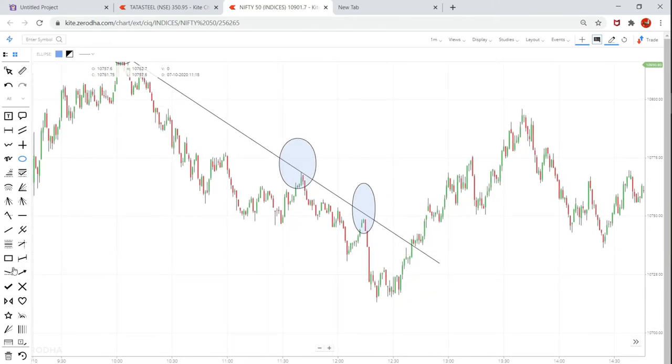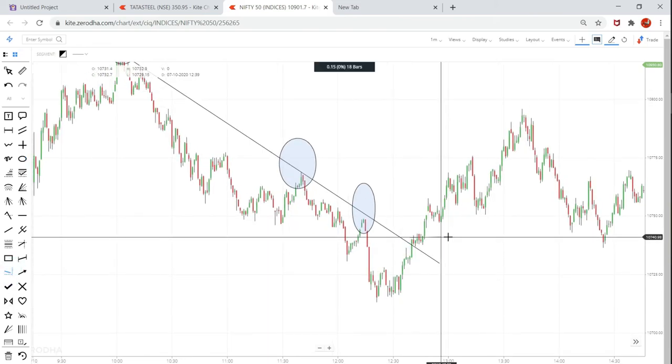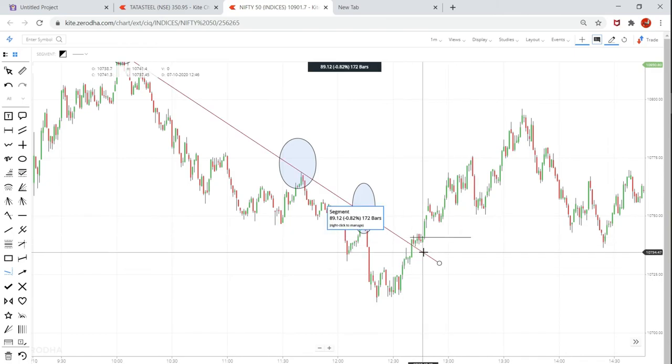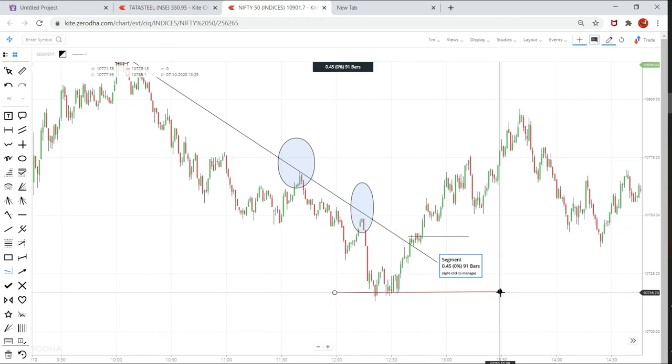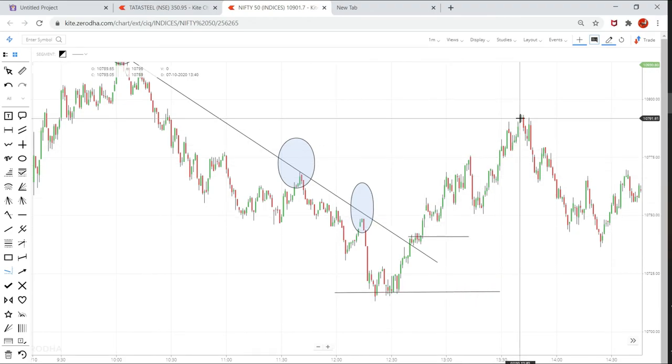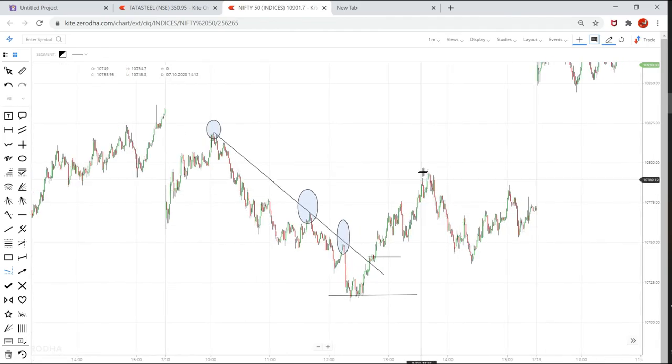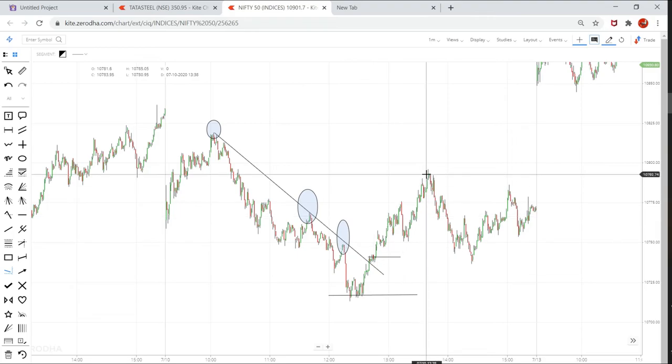So if you would like to trade here, you have to put a line over here on the candle which broke its trend line, and then you have to buy this Nifty 50. You have to buy this at 10,750, keeping stop loss at 10,720. You would have made very good money, because it went all the way to 10,800, almost 50-60 points you would have captured here.